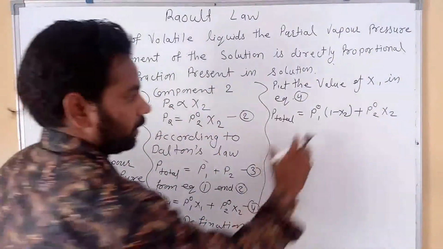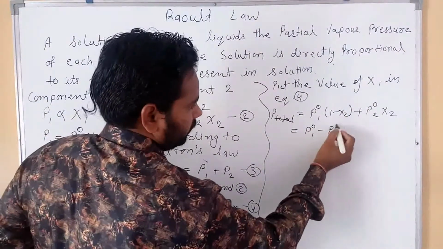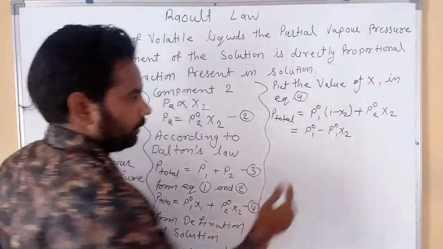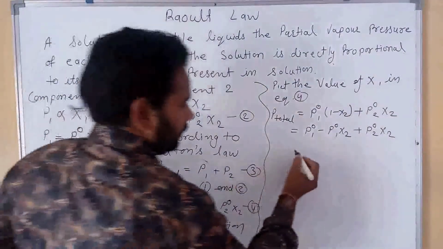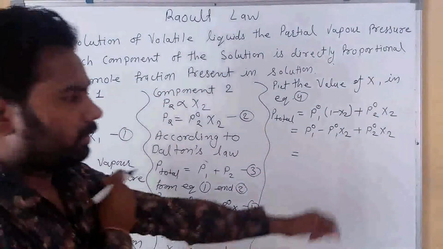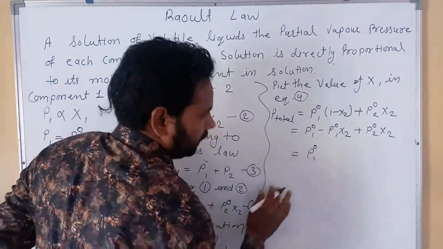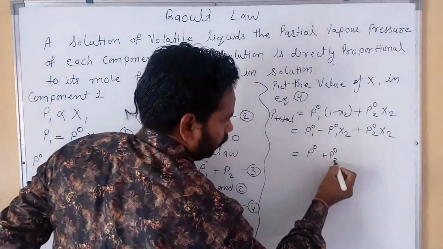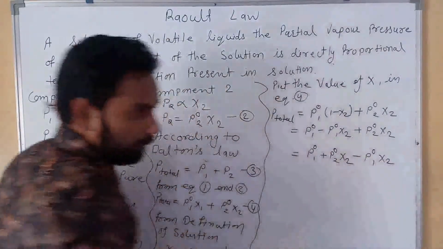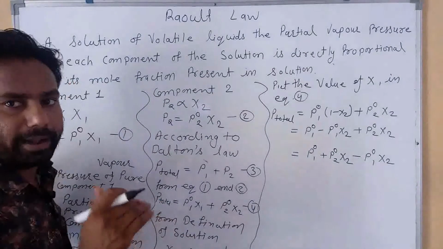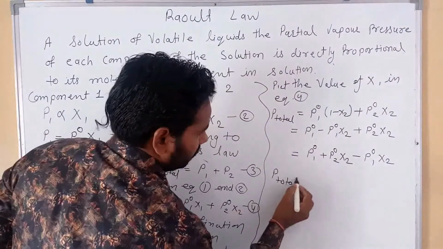Then we multiply in the bracket: P01 minus P01 x2, then plus P02 x2. Then we put the positive term before the negative, so we write P01, then P02 x2 minus P01 x2. In both terms we have x2, so we take x2 common.